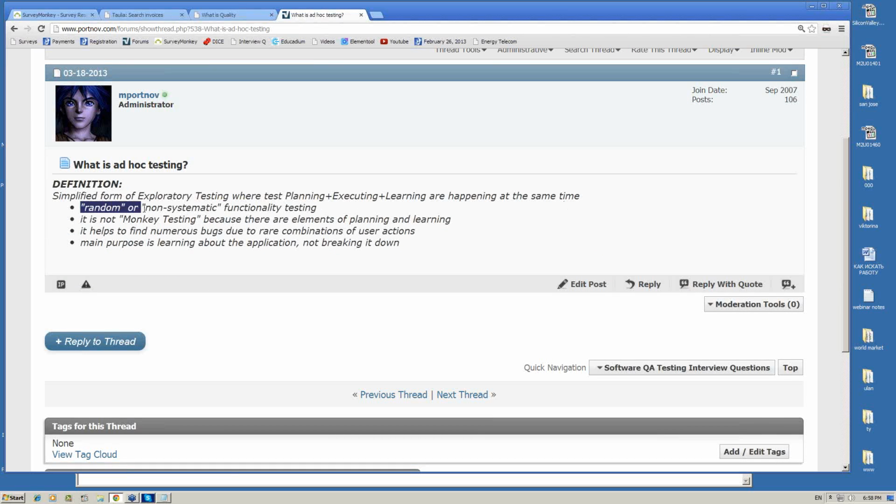It is a random or non-systematic functionality testing. It is not monkey testing. It helps to find numerous bugs due to rare combinations of user actions. And the main purpose of learning is learning about the application, not breaking it down. Guys, you've got everything. It is a reminder to you. Make sure you use the resources we give you.